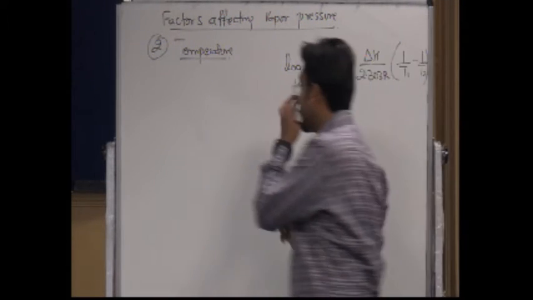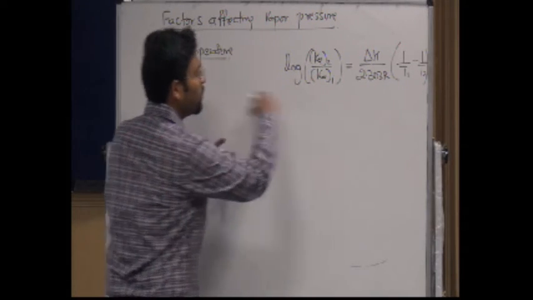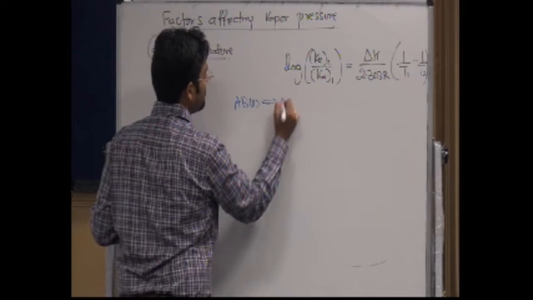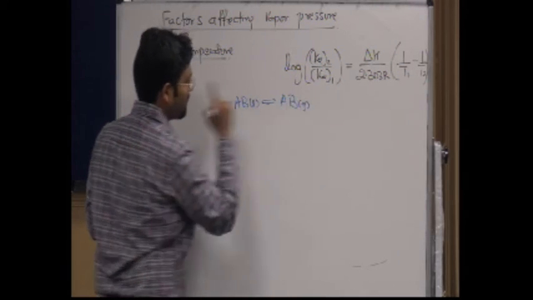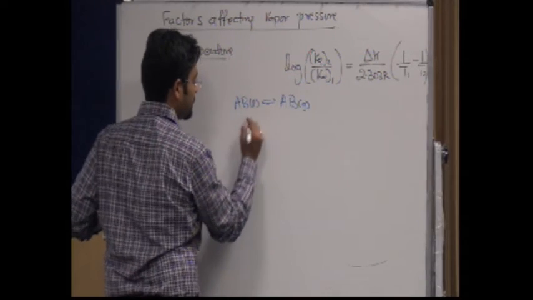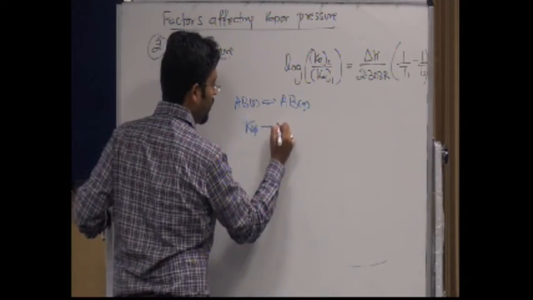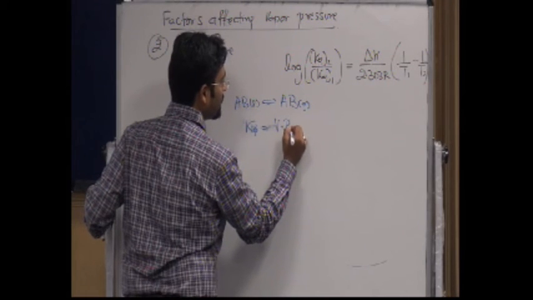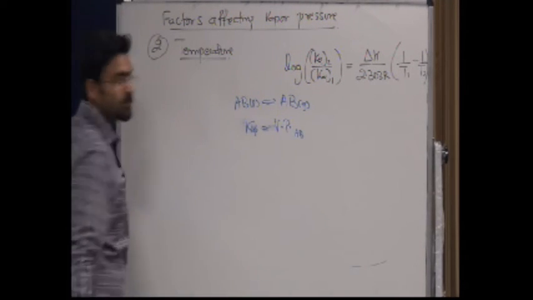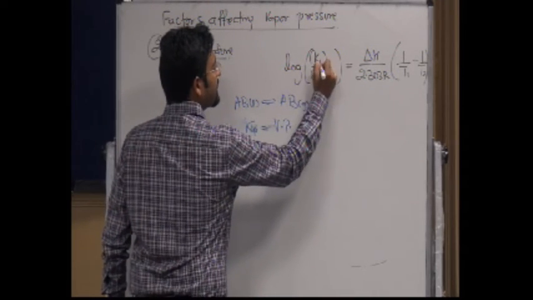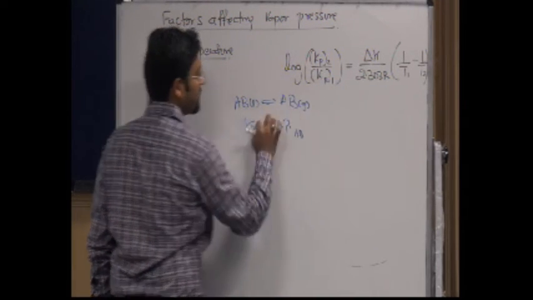Now, let's quickly relate this to the case we were talking about, that we have this equilibrium. The Kp of this equilibrium is called the vapor pressure of AB liquid, right? So I can rewrite this equation for this case.